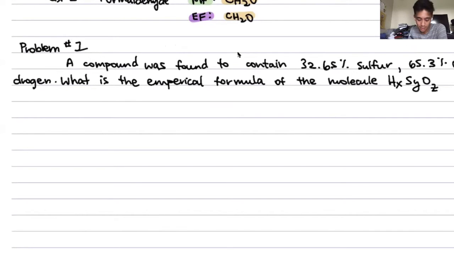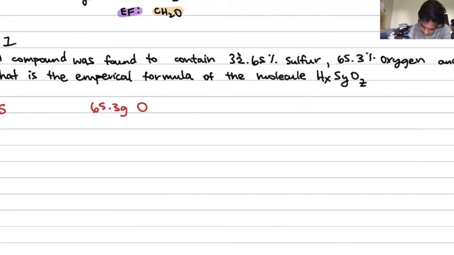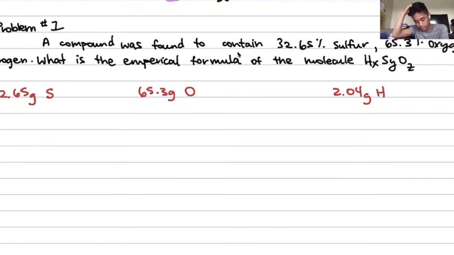If I assume there's 100 grams of this sample, then 32.65% of 100 is 32.65, so 32.65 grams of sulfur, 65.3 grams of oxygen, and last but not least, 2.04 grams of hydrogen. Cool. So what do we do now?